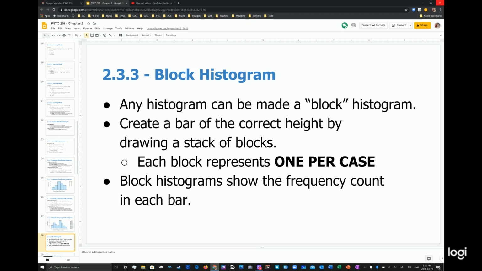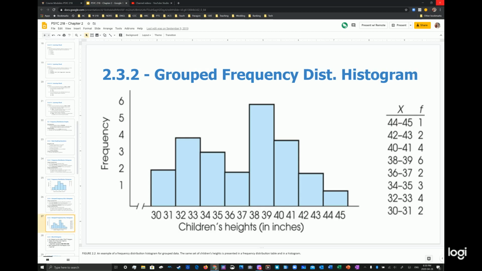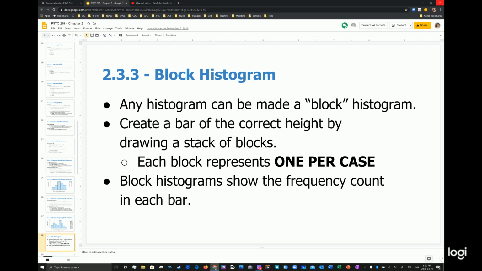If your counts are low and you can show each score individually, you can also do a block histogram. The next slide will show you this very easily and clearly. What this means is that instead of having just a bar with just a shading and no blocks between them, and you measure that by looking at how tall the bar is, the block histogram shows you how many people are in each bar because you can count the number of blocks.